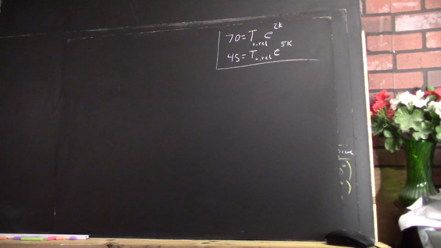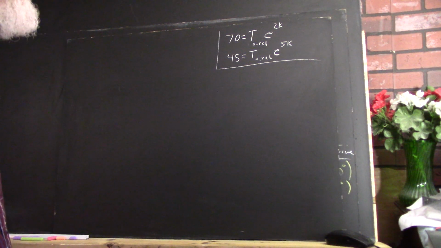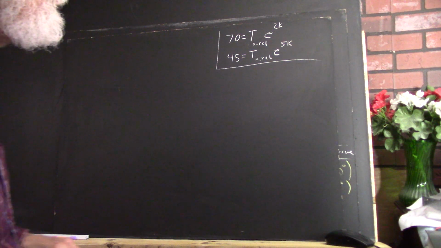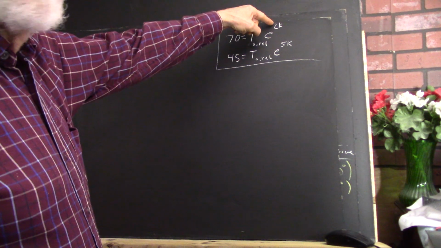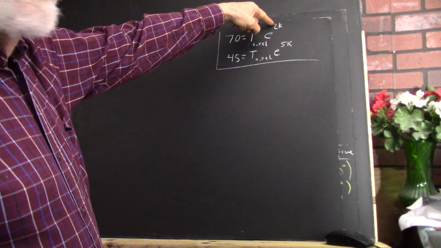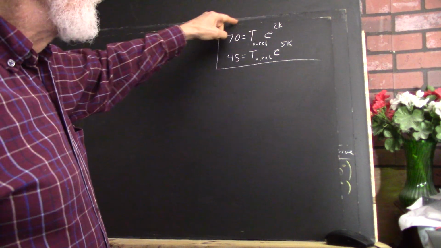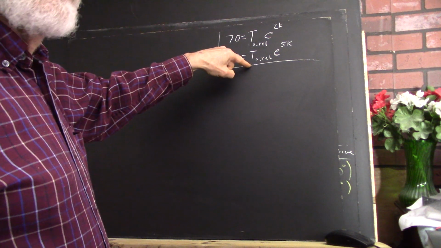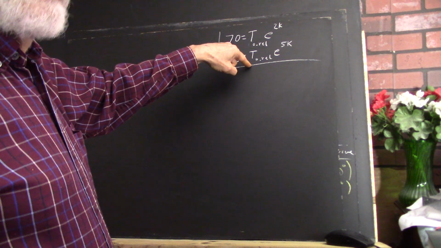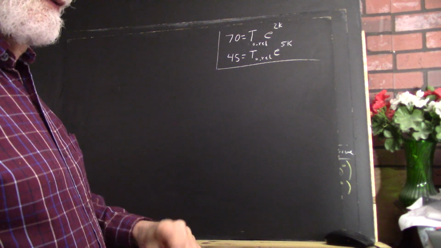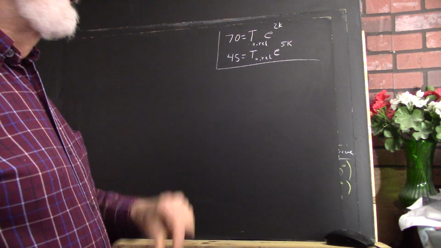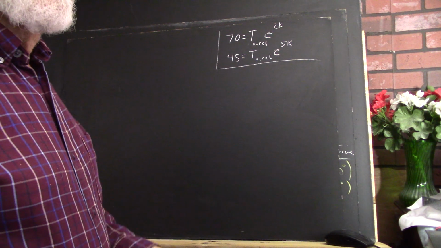There's ways to solve this system. We could say t0 rel is then 70 divided by e to the 2k, and then we could plug that expression in for t0 rel. Okay? That's pretty straightforward. It's going to give us the same thing we get if we do what I'm going to do.